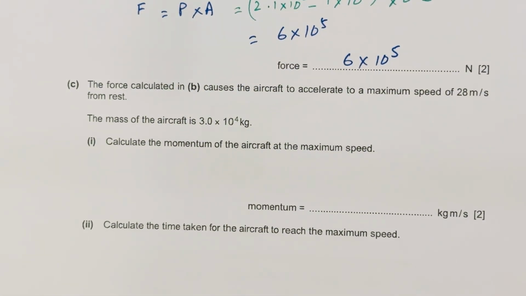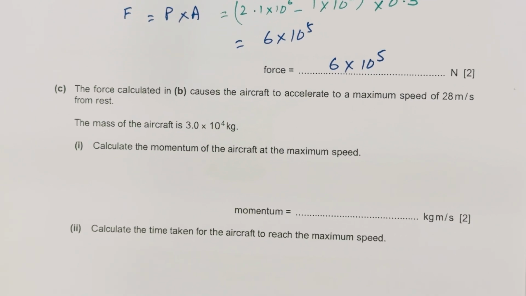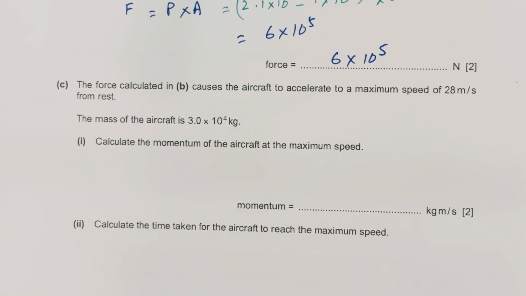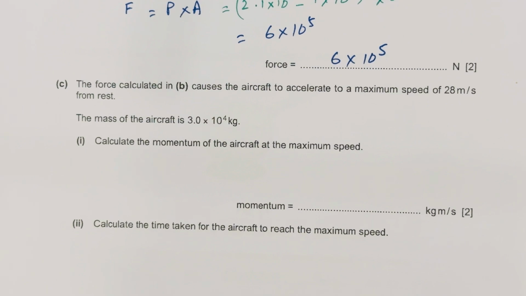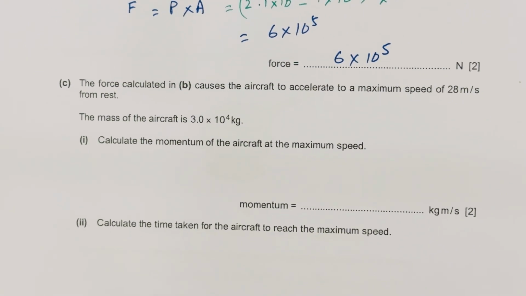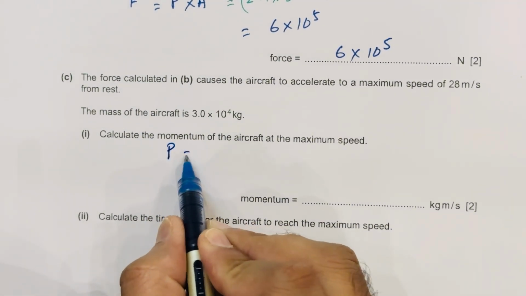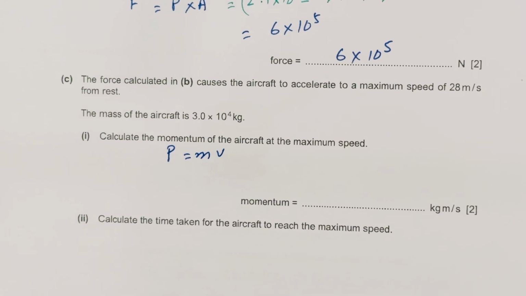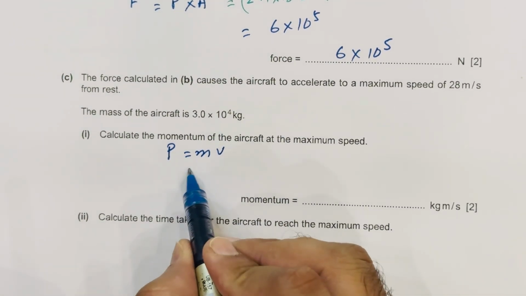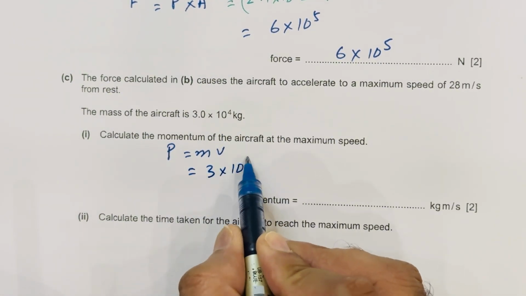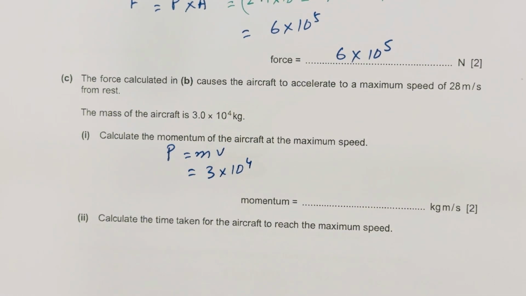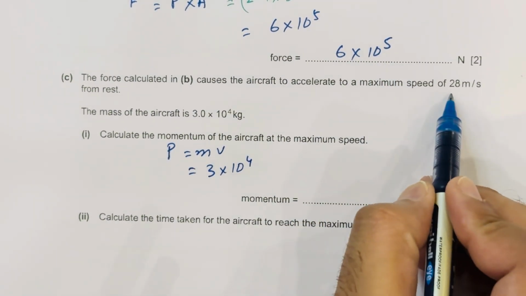Okay, moving to question number C. The force calculated in part B causes the aircraft to accelerate to a maximum speed of 28 meters per second from rest. The mass of the aircraft is 3 x 10^4 kg. Calculate the momentum of the aircraft at maximum speed. So we know that the formula for momentum is p = mv, and m is the mass that is given in the question, that is equal to 3 x 10^4, and we also know the velocity that is also given in the question, that is equal to 28.